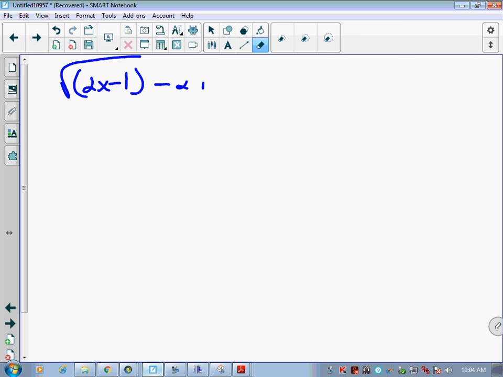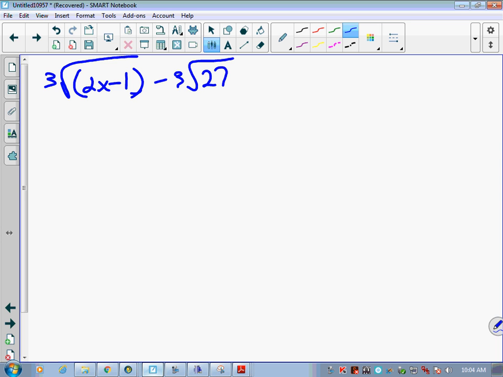Okay, so we're going to cube root this, as well as that. Okay, so what is the cube root of 2x minus 1 cubed?